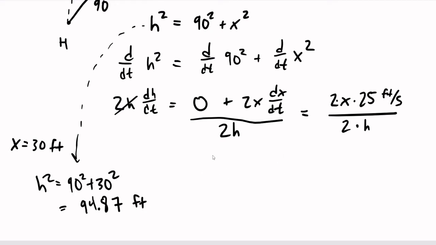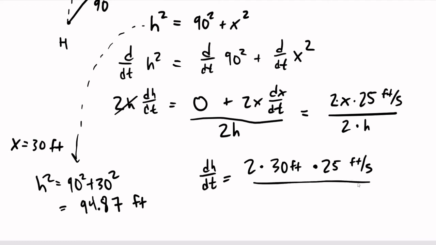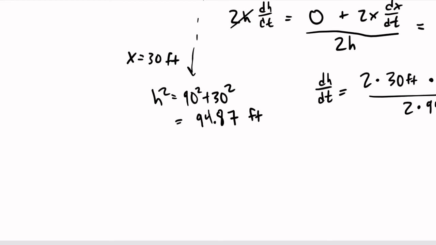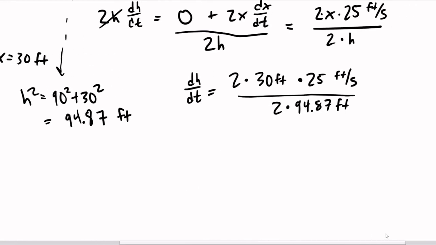Okay, so then just plug in. Then dh/dt is going to be equal to 2 times 30 feet times 25 feet per second over 2 times, and then we have this 94.87 feet. And there you go, right? We can do this together.